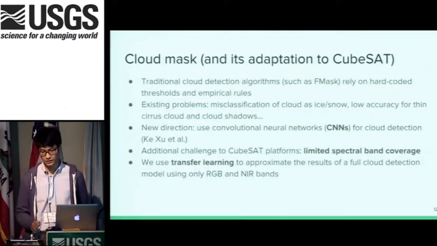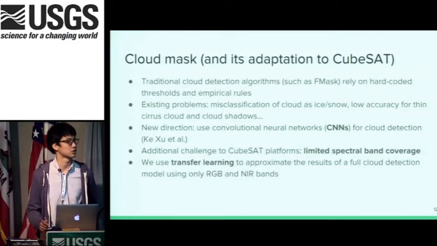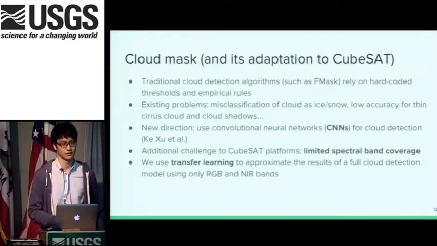And even after that, we have an additional problem for sensors like PlanetScope, because PlanetScope only has 4 bands, so it can't really use the same algorithm as, for example, Landsat uses. So what I'm working on is to use transfer learning to approximate the results of such a fully developed cloud detection algorithm using only RGB and near-infrared bands.